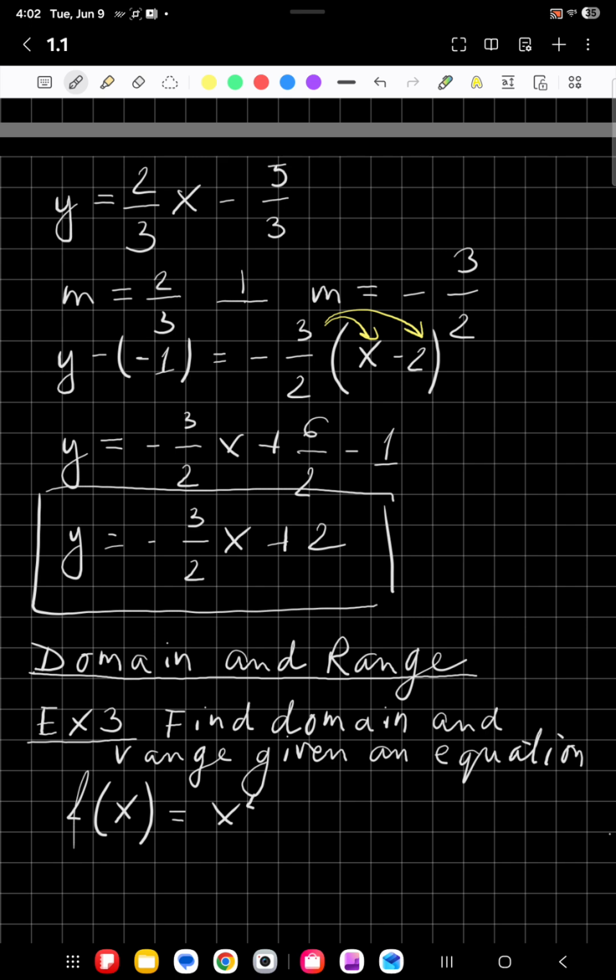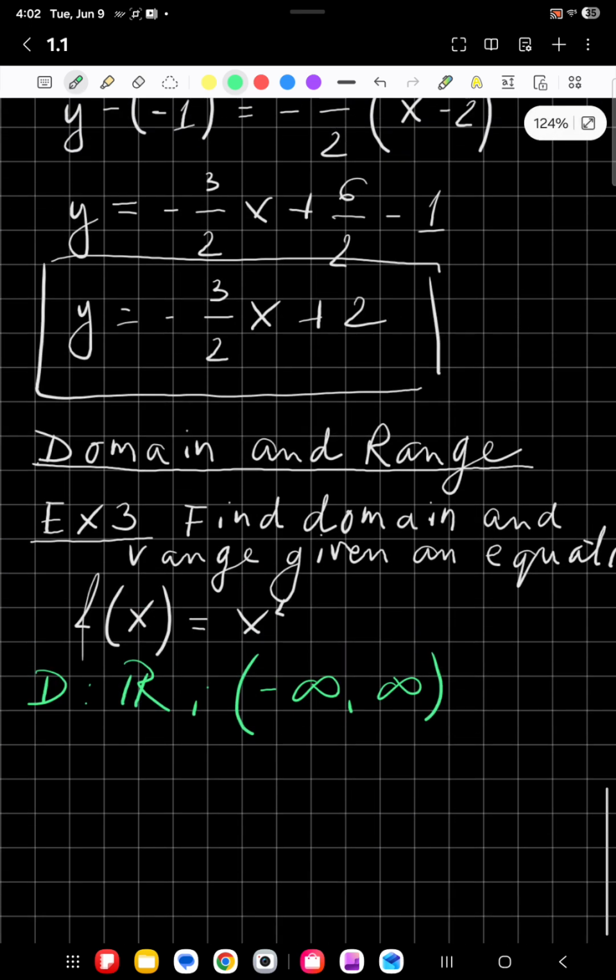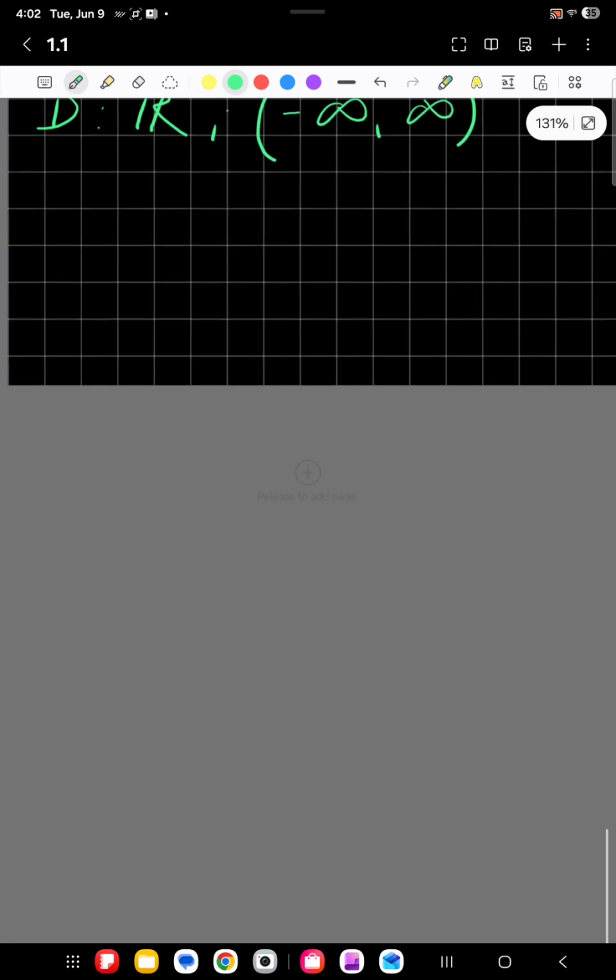So domain will be all real numbers. So we can write it like this. We can maybe write it in interval notation, so from -infinity to +infinity. To find range, we need to graph it. So let me graph it on the next page.